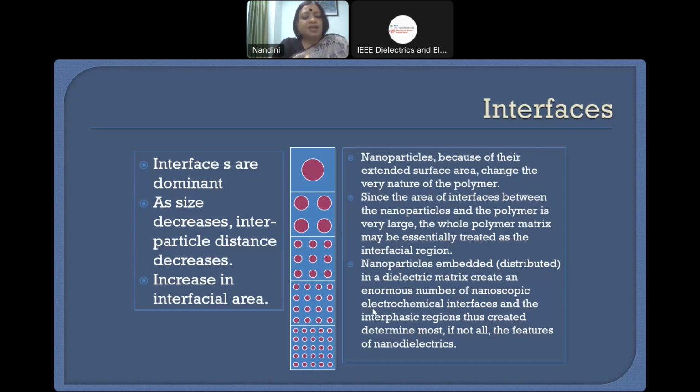So this assumes that there is something happening at the interfaces, so that when the interfaces tend to take over the entire composite, the property of the composite changes, and the rule of mixtures that we are usually used to in case of micro composites holds no longer.